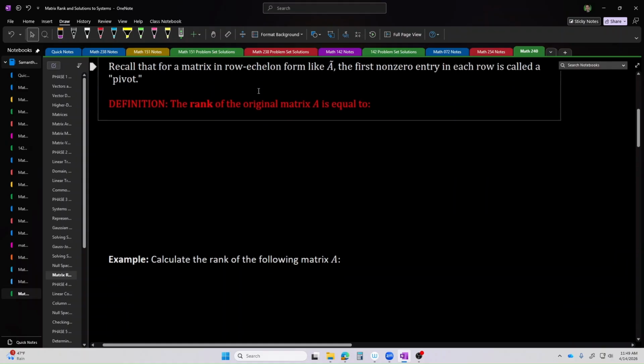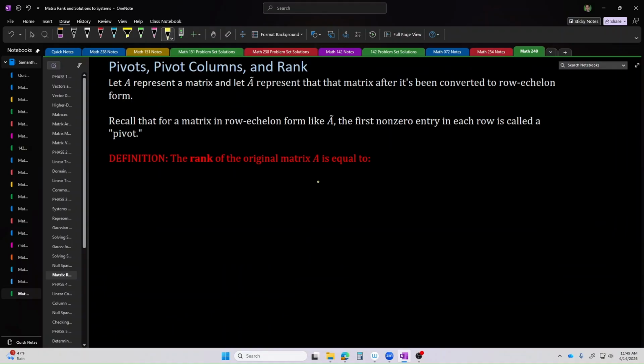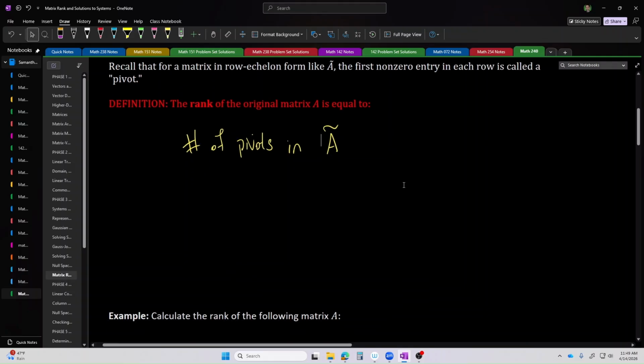If someone speaks about the rank of the matrix A, the rank of the matrix A is equal to the number of pivots in A tilde, the number of pivots that are left in the matrix after it has been row reduced.